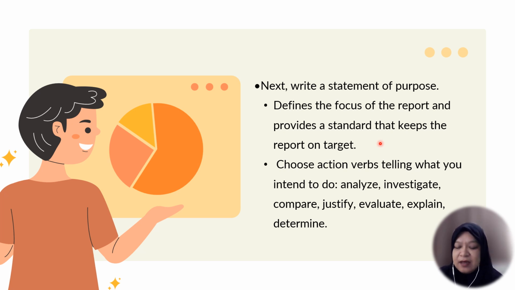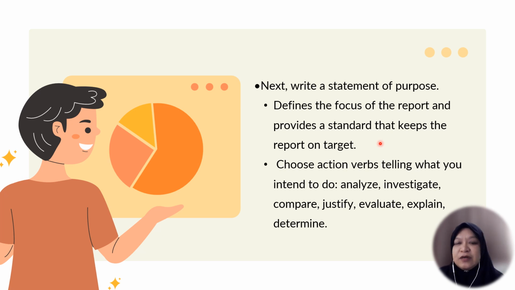So maybe instead of focusing on all the facilities, you want to be specific on certain facilities, for example, Wi-Fi, or on a certain area, maybe a specific college or a specific cafe.